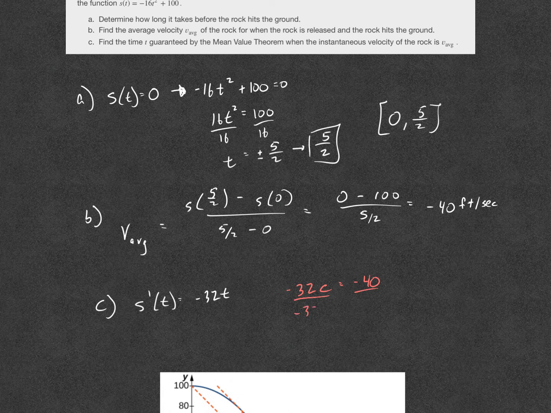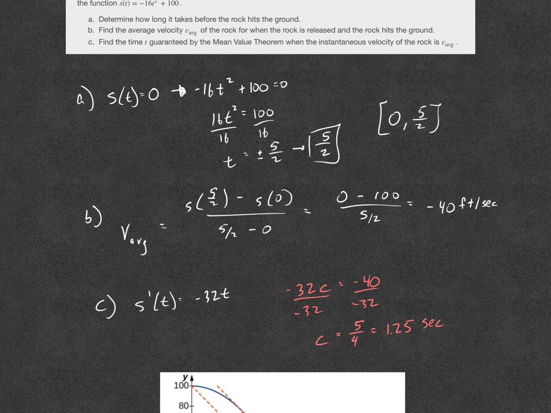Divide both sides by negative 32. When you simplify that fraction, dividing numerator and denominator by negative 8, you get that c is equal to 5/4, or 1.25 seconds.